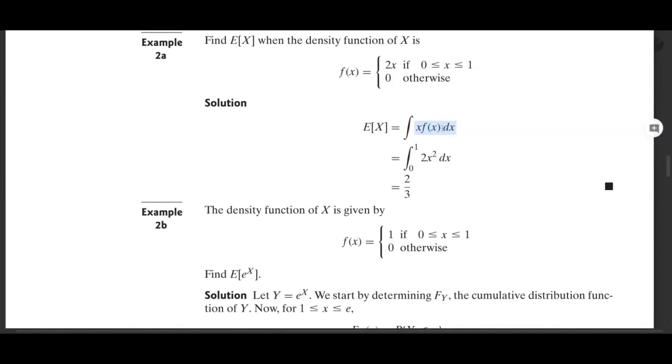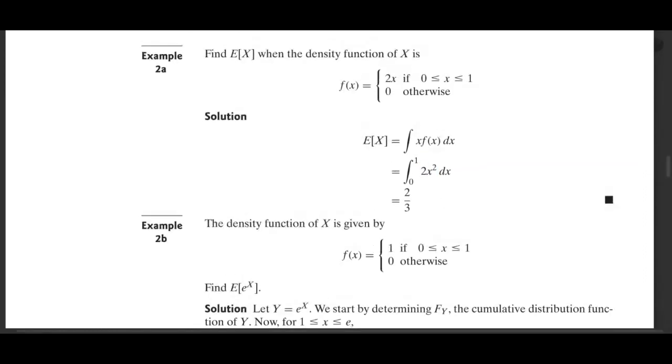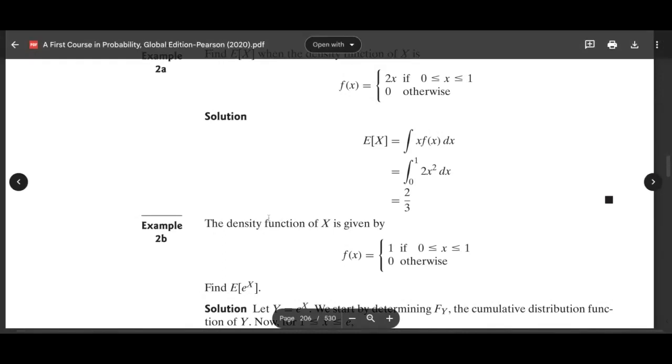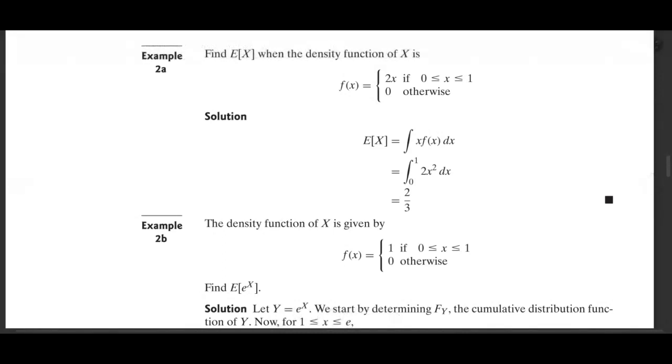So x times 2x is 2x squared. We anti-differentiate and get 2x cubed over 3. From 0 to 1, that is 2 over 3. The concept is the same; we just change from the countable world to the infinitesimal world.